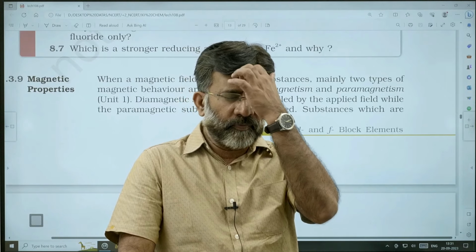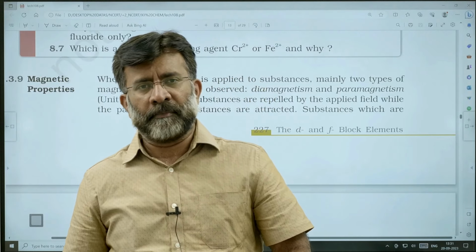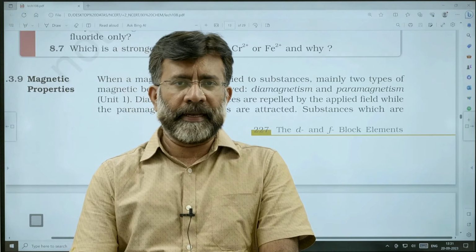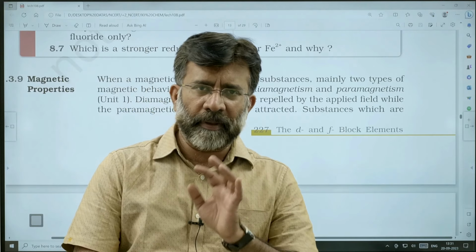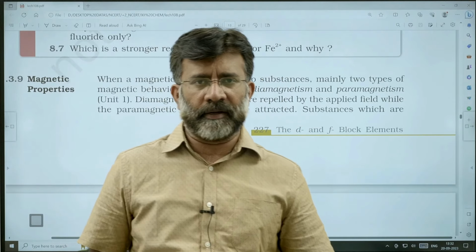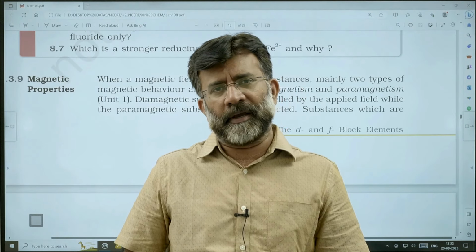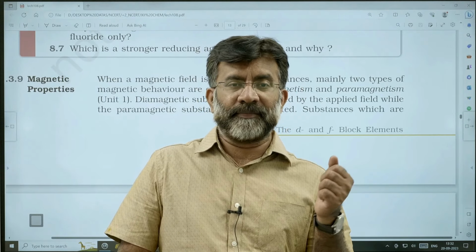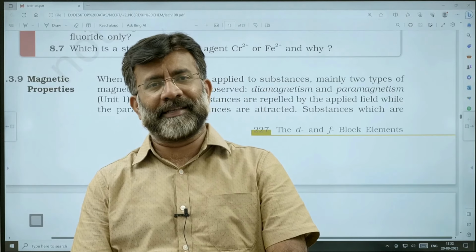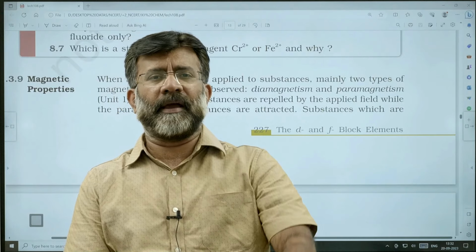Substances weakly repelled in the magnetic field are diamagnetic. Paramagnetism is due to unpaired electrons. Diamagnetism is due to paired electrons. When all the electrons are paired, it is diamagnetic. In the presence of unpaired electrons, it is paramagnetic. With all electrons paired, diamagnetic.